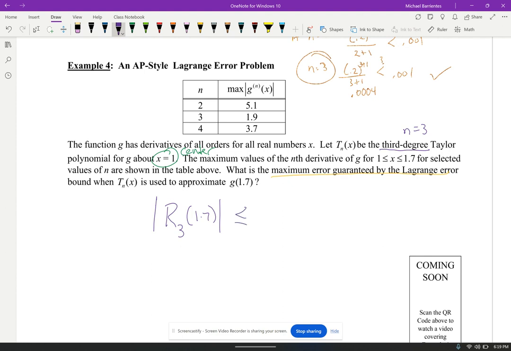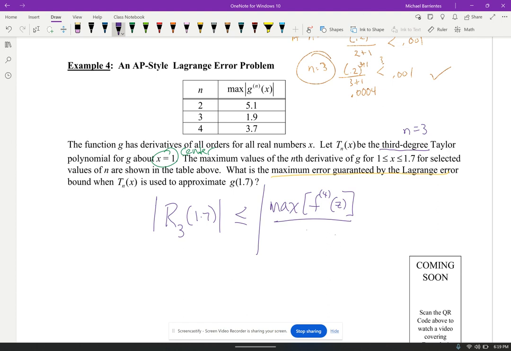That has to be less than or equal to the maximum of f prime. Now, which prime? Well, the n plus 1 prime, but n was 3. So then I'm looking for the fourth derivative at some z value divided by n plus 1 factorial.